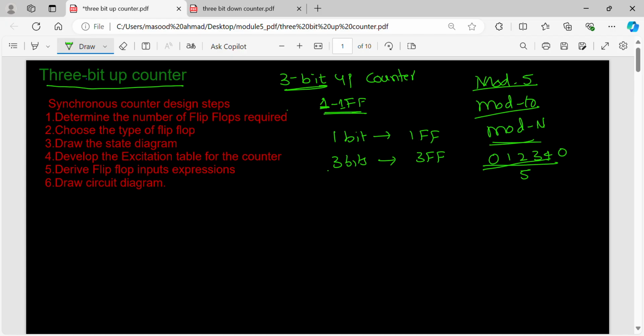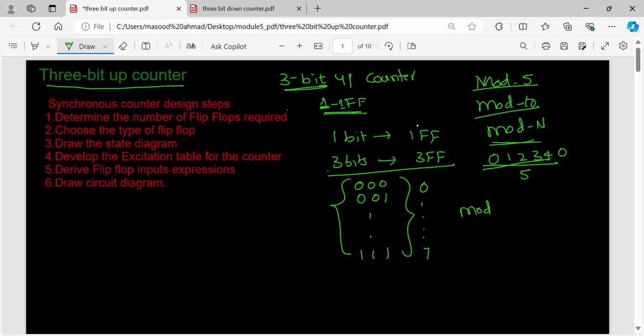That's fine. So if it is a 3-bit counter, it will go from 3 zeros to 3 ones. How many different states are we going to get? Here we get 8 different states, from 0 to 7. So it is called a modulo 8 counter, in short mod 8.